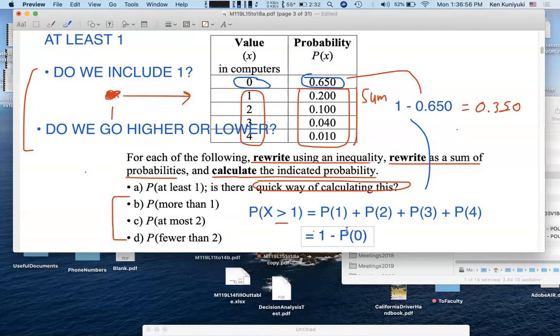Use the complement trick. Take the complementary probability, subtract from 1. That's what I did over here. So for B, C, and D, rewrite using an inequality, rewrite as a sum of probabilities, maybe consider using this complement trick, and calculate the indicated probability. I'll give you a minute.